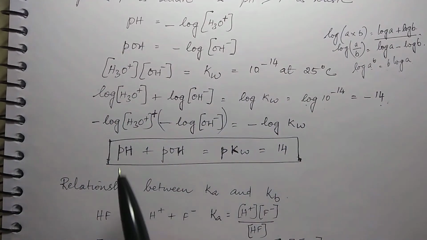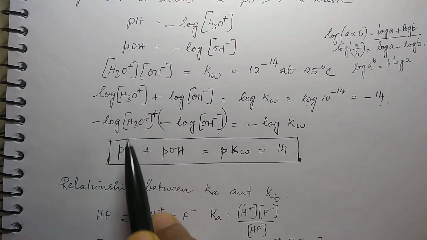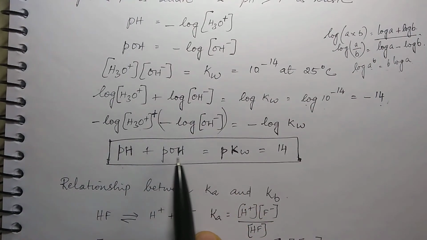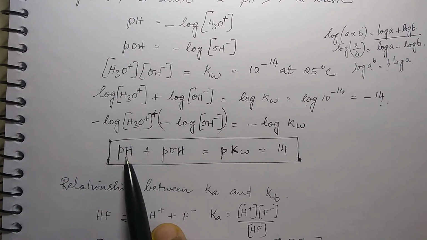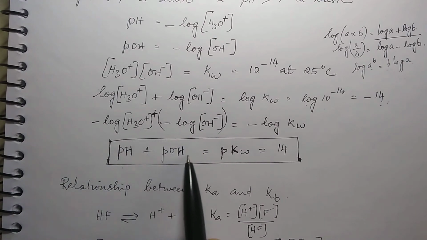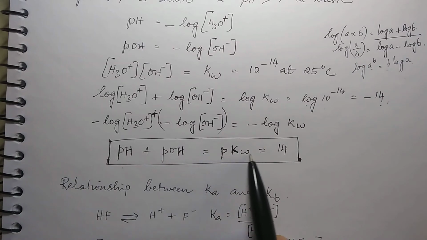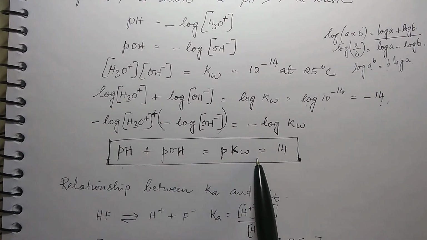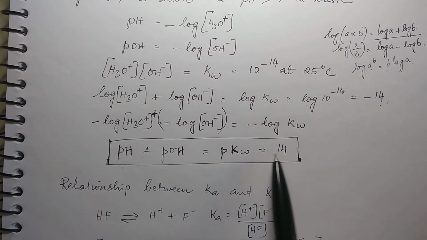So what is this minus log H3O plus? It is nothing but pH. What is minus log OH minus? It is pOH. So pH plus pOH is equal to pKw. And how much will pKw be? 14. How is it 14? I'll tell you. Just wait.